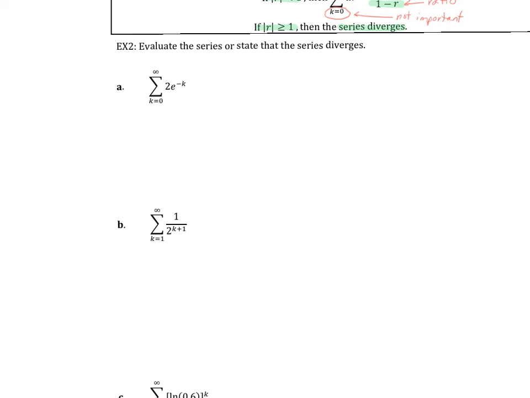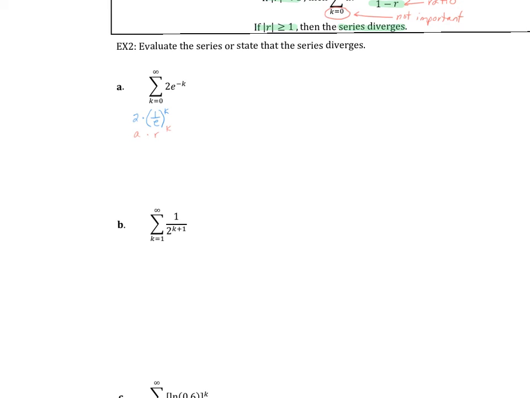So 2 times e to the negative k is the same as 2 times 1 over e to the k, or 1 over e in parentheses to the k power. So 2 would be my a, and 1 over e would be my r, and that's to the k power.